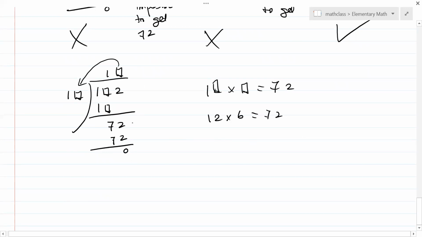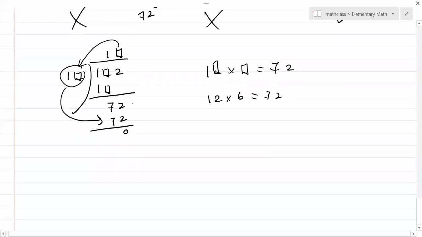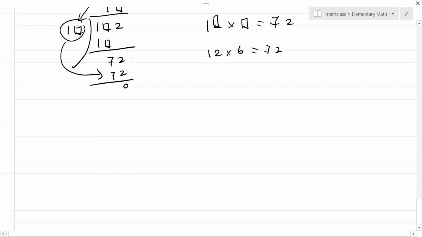This is a product, those 2 numbers give you that, right? So you want to get 72, then one of the possible products will be 12 times 6. Okay, so then you can quickly figure out this number. So there are multiple ways to find the missing numbers.